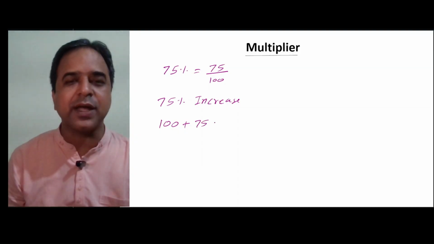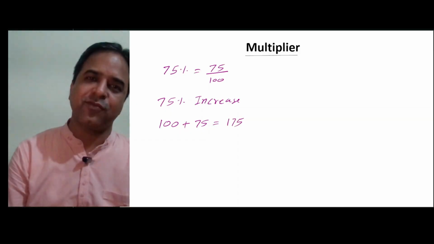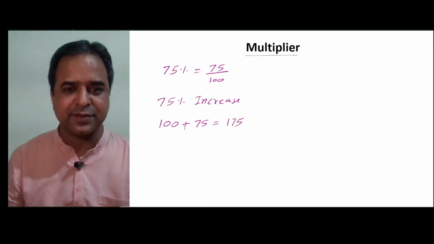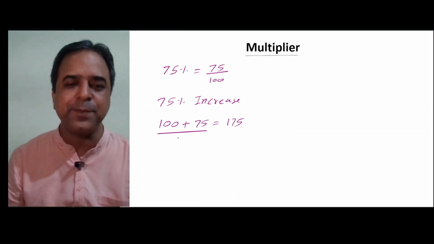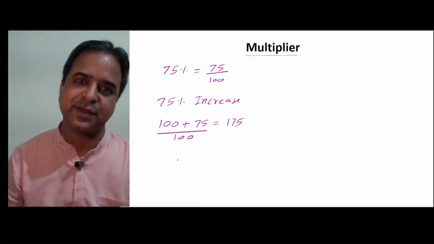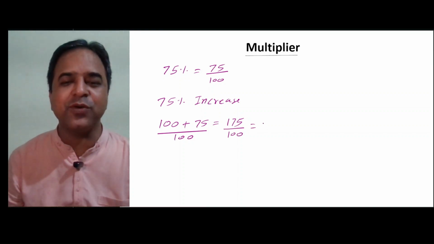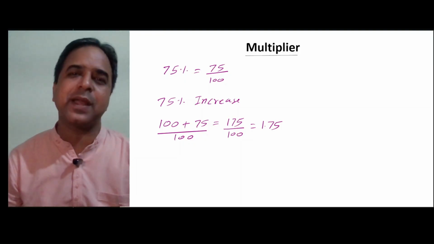So in total it is going to become how much? 175. But as I said, it is percent, so you will keep per 100 over here. Understood? So 175 upon 100, that will give you 1.75.